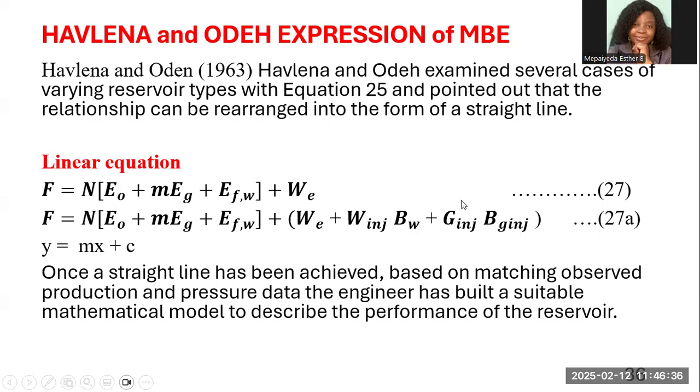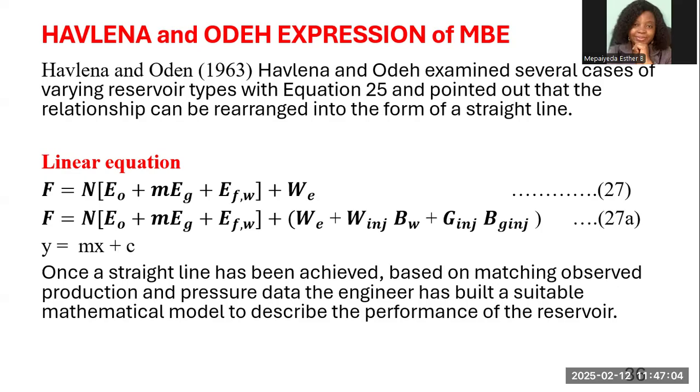So you have the water injection component and the gas injection component added to your We, water influx. And please don't forget, because I may ask you in your exam: why is this model considered a tank model? Why is it zero dimensional? Why is it considered a tank model, zero dimensional model?